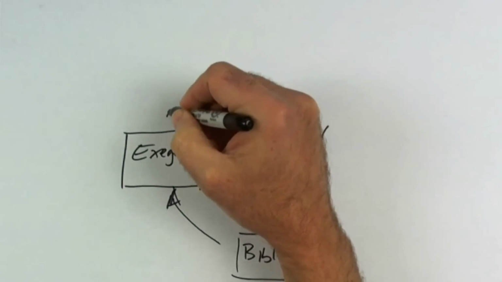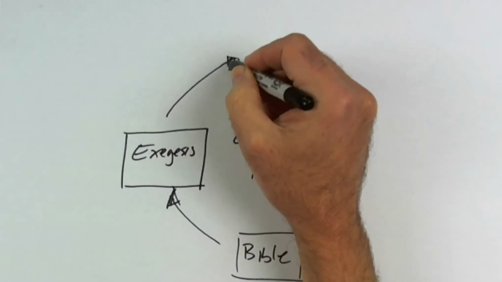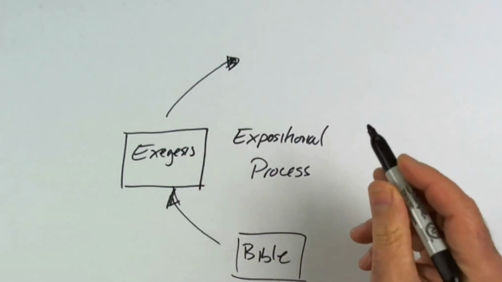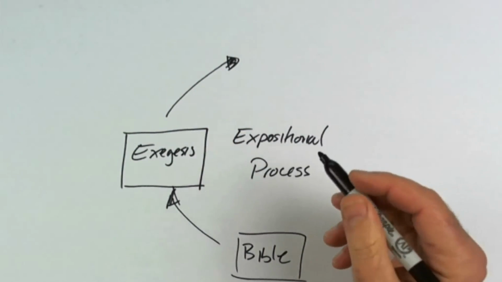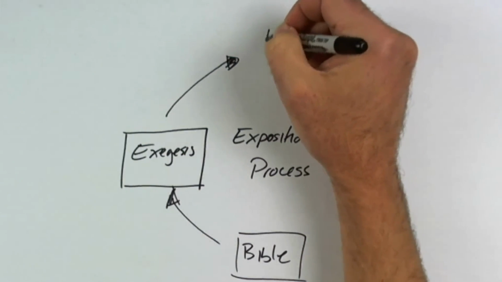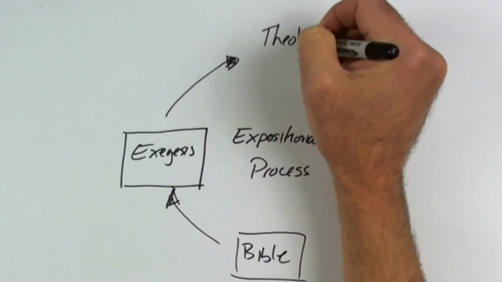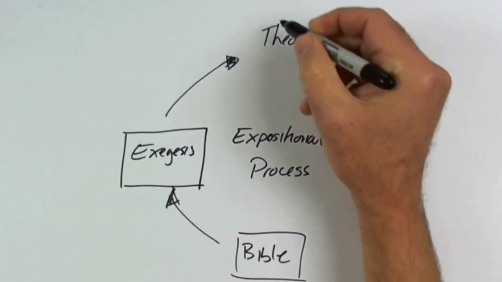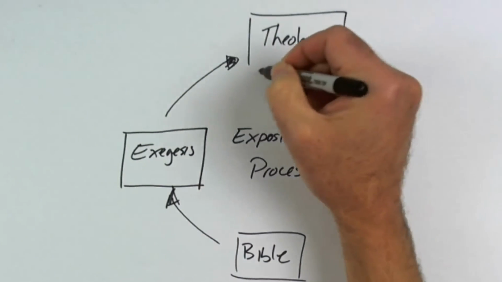Once you do your exegesis of a particular text, it could be a whole book, which is what you're going to be doing with the subject complements, or it could be a passage of Scripture. Once you've done the exegesis of that passage, you then work out the theology of that passage. That's the second step of the expositional process.